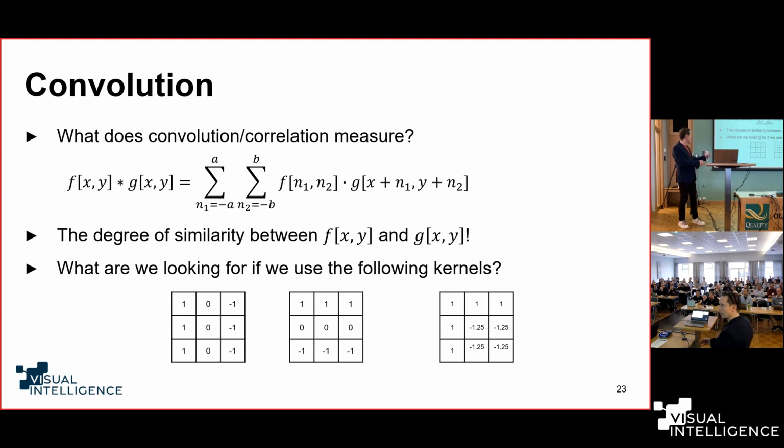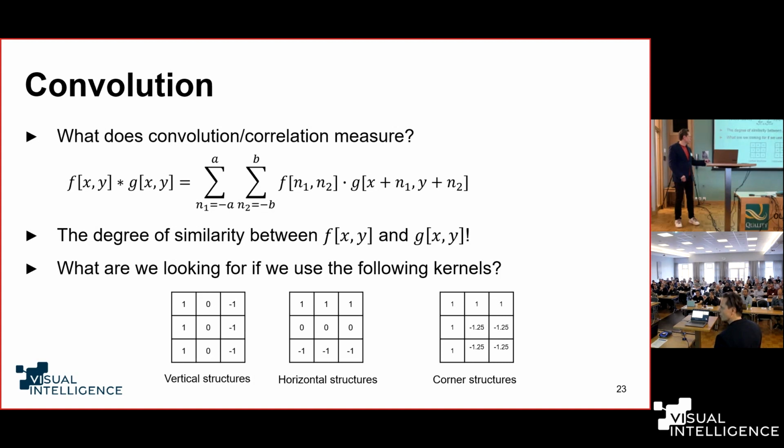The first one here has a vertical structure. So if I apply this kernel, I would be looking for vertical structure in the image. I will enhance that, and it will have a big number. Everything that is orthogonal to that will have a low number. Opposite for this one here, I'm looking for horizontal structure. And here I'm looking for something like a corner.